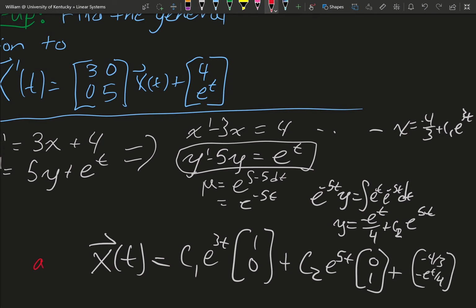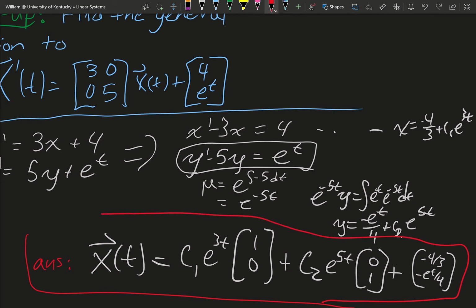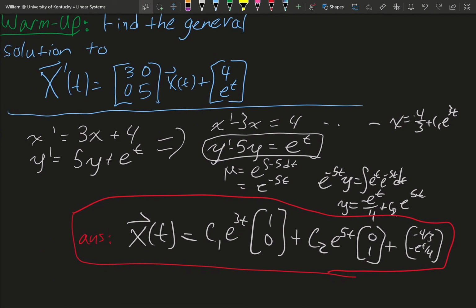So that is our final answer, and the idea behind the warm-up here is that for the other non-homogeneous linear systems, what we're essentially going to do is convert them to a system that's as simple as this. So we'll say a little bit how to do that as we go on, explain bit by bit.